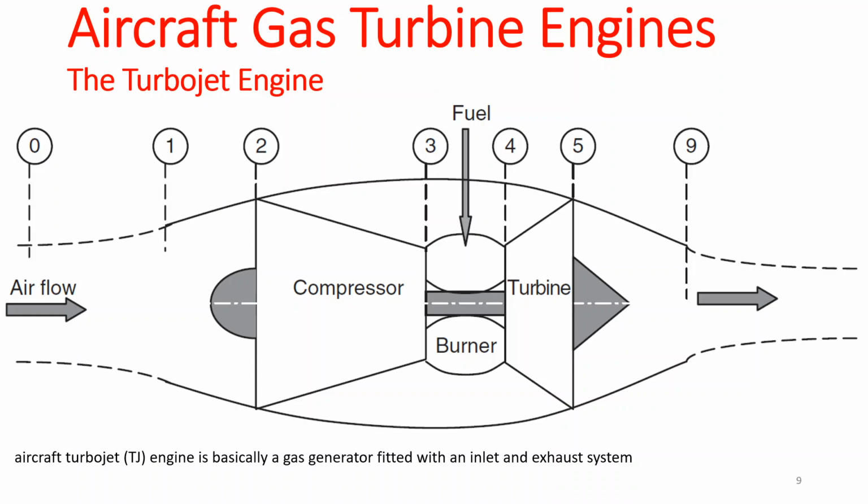So here, in this condition, we are talking about this part, 1 to 2, right? But we have included 0 in our analysis, so we go from 0 to 2. This whole thing is going to be your inlet diffuser, the whole thing from 0 to 2.